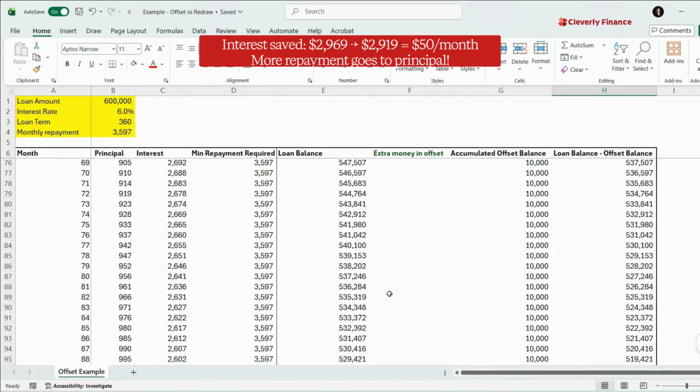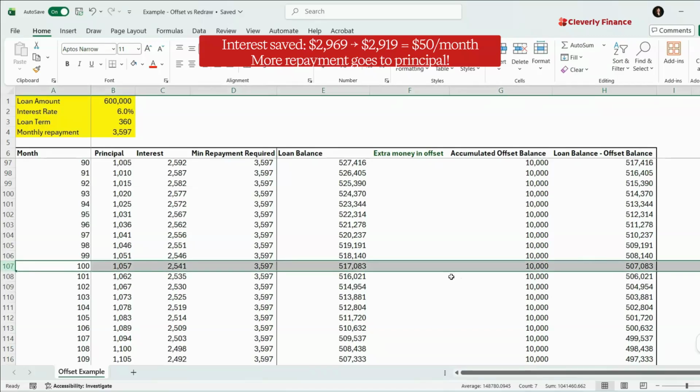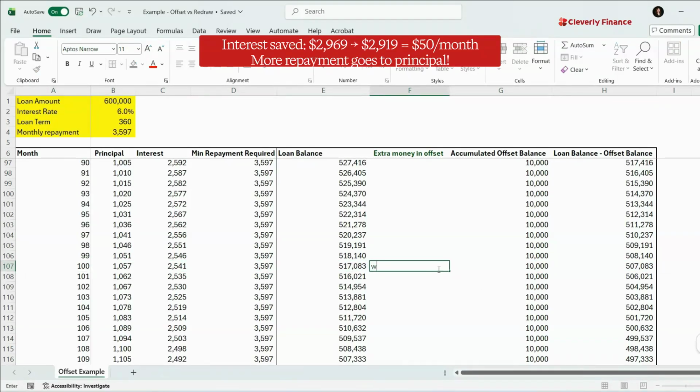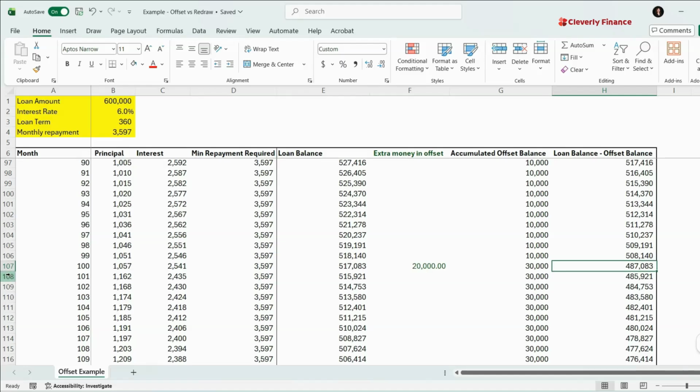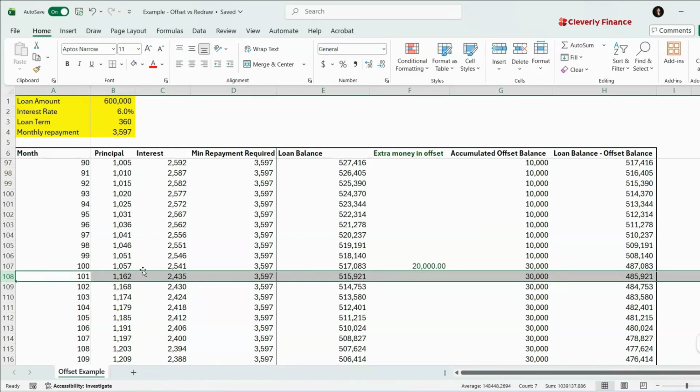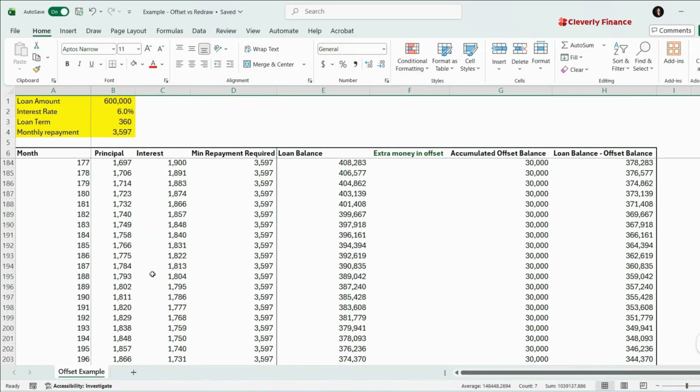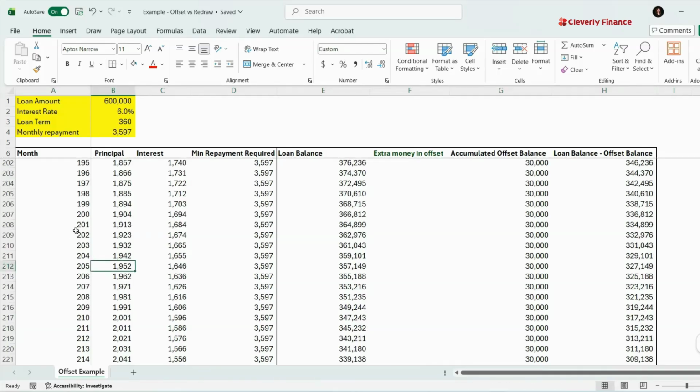Similarly, I suppose that by the 100th month, for instance, I add another 20,000 into the offset account. Then at this moment, you will pay interest on the difference, which is 487,000, and both the interest and the principal will decrease accordingly. Now, here is another example for clarity.